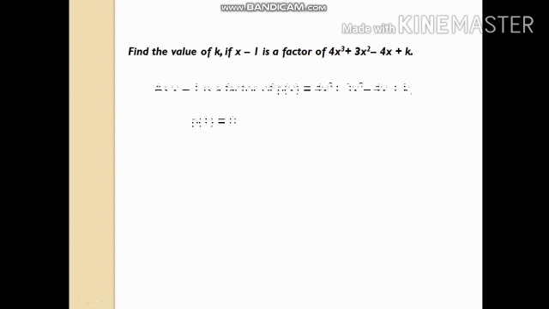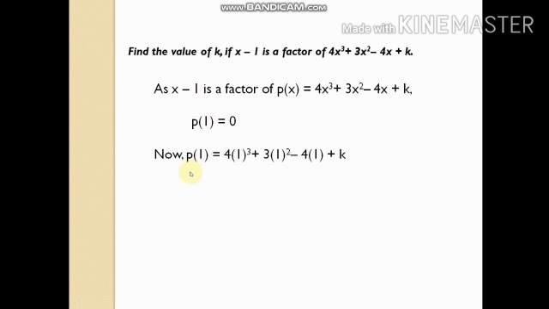So let's solve this. As x - 1 is a factor of p(x), here we will substitute x = 1, it means the remainder will be 0. p(1) = 4(1)^3 + 3(1)^2 - 4(1) + k. 4 + 3 - 4 + k = 0, and when we simplify, we will get k = -3.